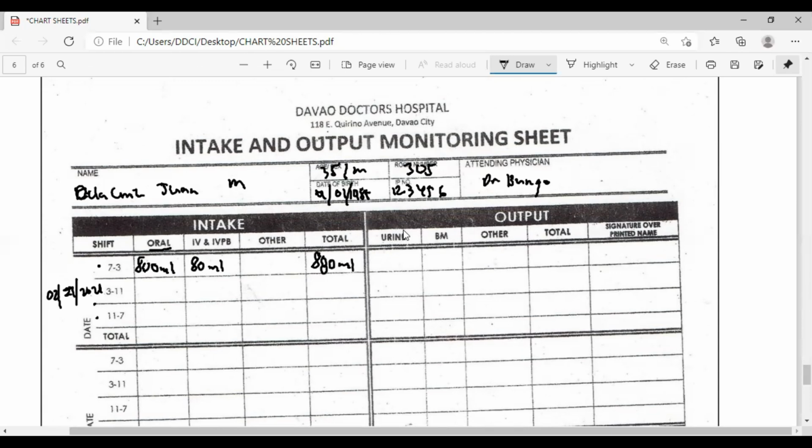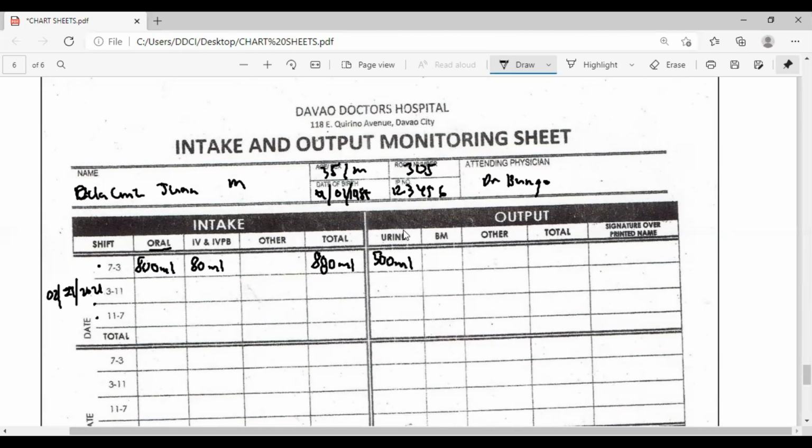For the urine, if the patient urinated around 2 times within 8 hours, you measure the urine output, around 250 ml per urine output, so that makes around 500 ml.